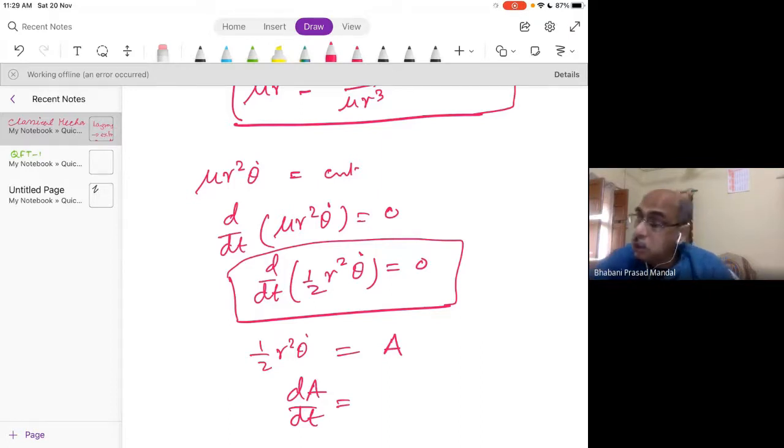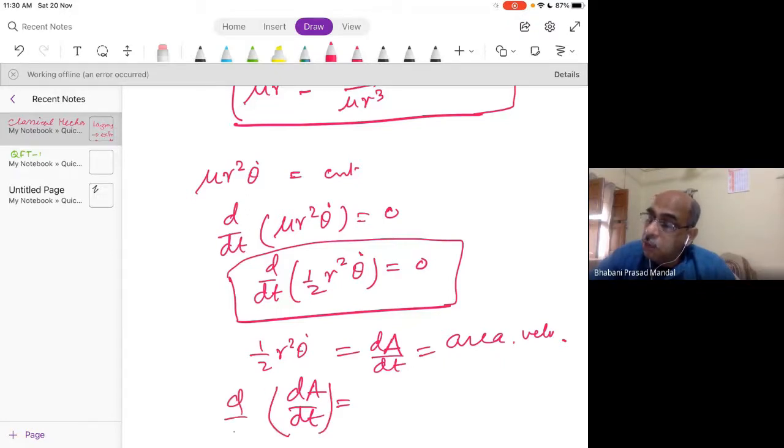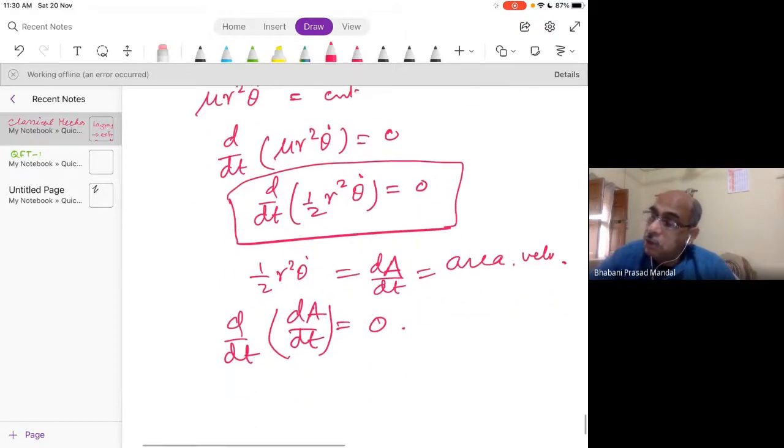Not area, areal velocity. So this equation means d/dt of that equals 0. So areal velocity is conserved. How this is areal velocity, I'll explain, but areal velocity is conserved.